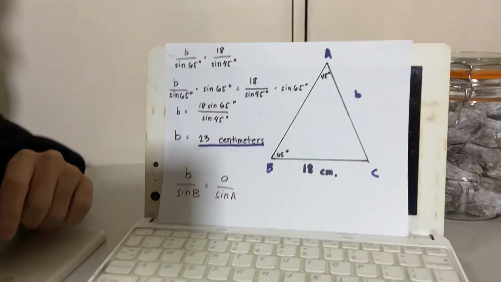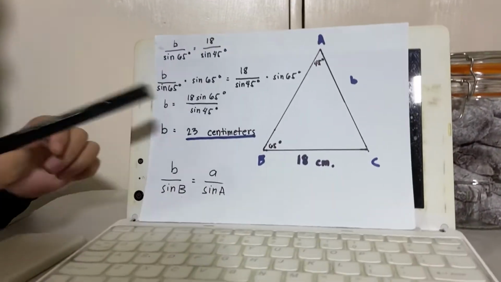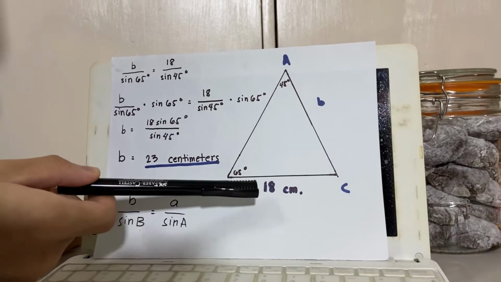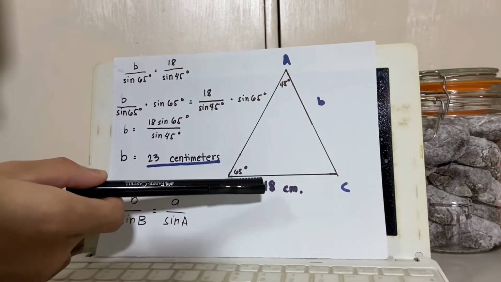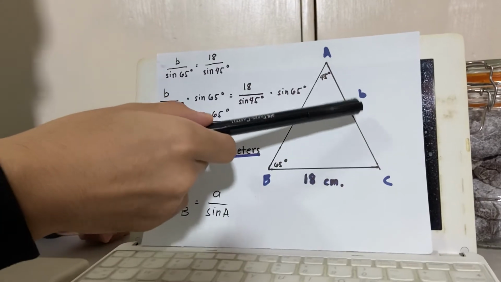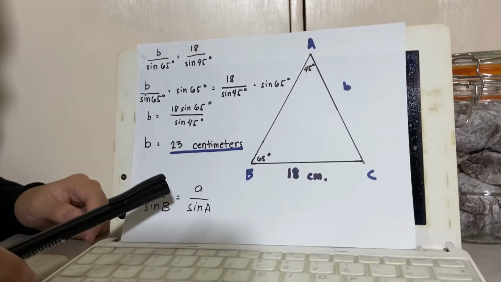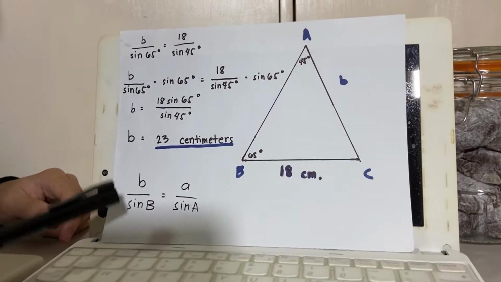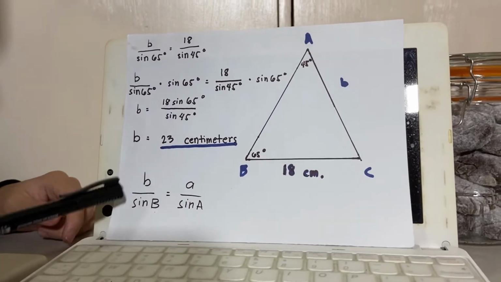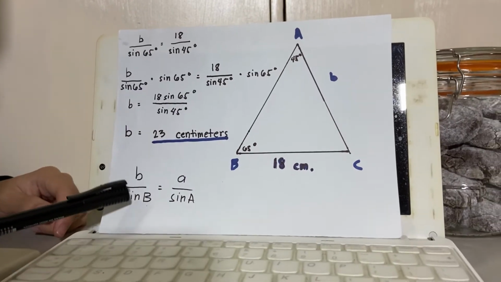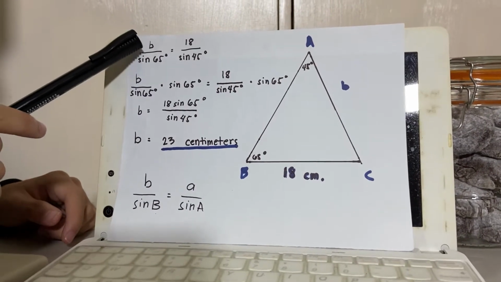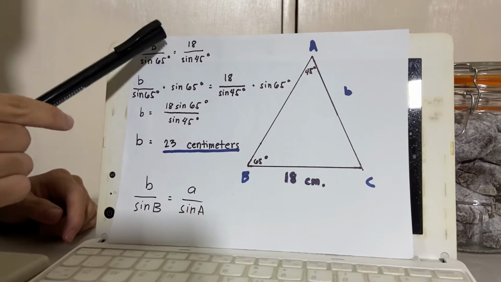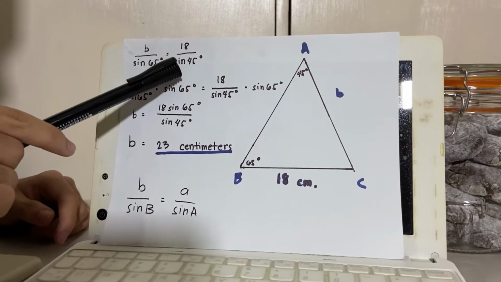We are given this triangle ABC, with the angles 45 and 65 for A and B given, and the side opposite A, 18. So we'll be looking for B. We'll be using the formula B over sine B equals A over sine A to solve this one. Just substitute what was given, so that would be B over sine 65 equals 18 over sine 45.